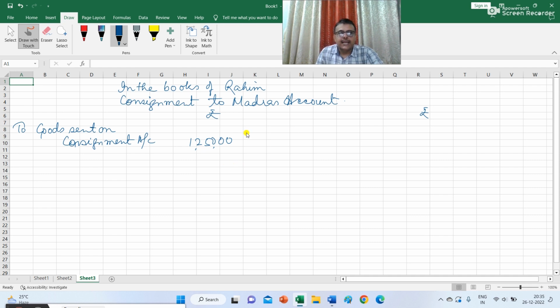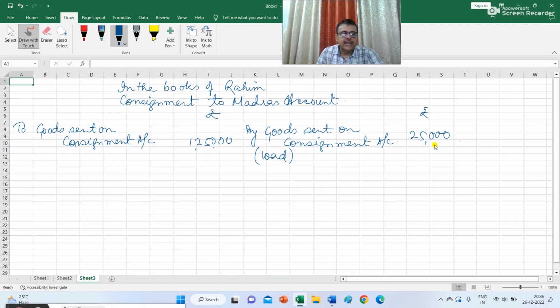So on the credit side, I have to write by goods sent on consignment account, and the load is, this is the load, and the load is 25,000. As because the cost price of goods consigned was rupees 1 lakh, the invoice price is 1,25,000, so the load is 25,000.